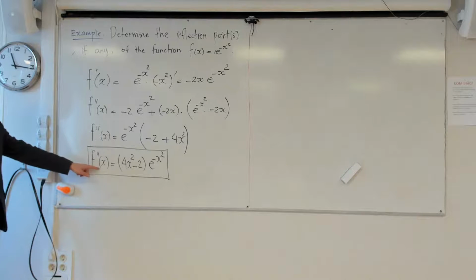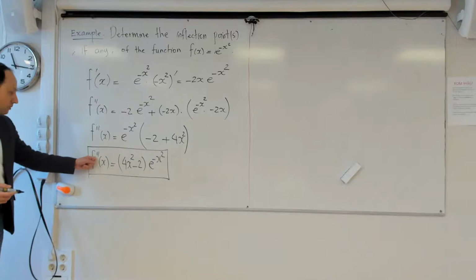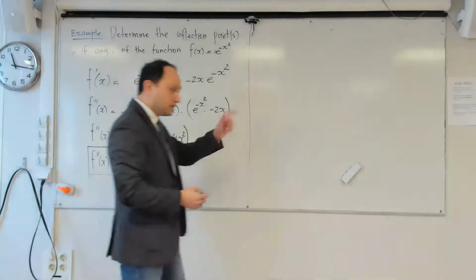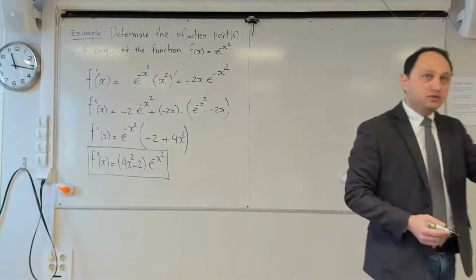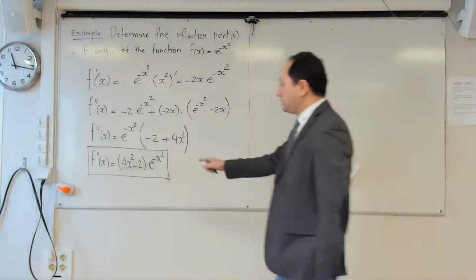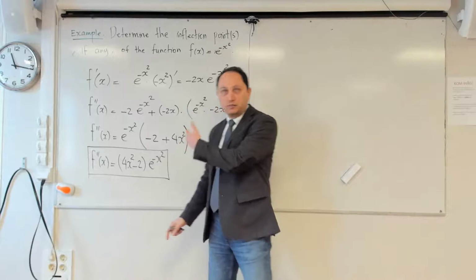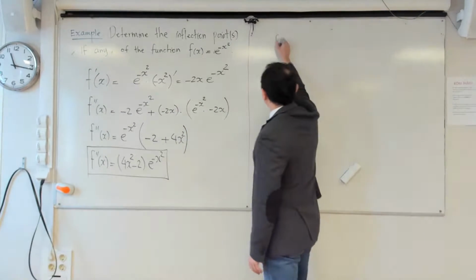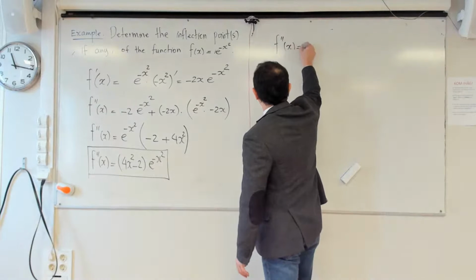Okay, and then do you remember, first I need to find the candidates. The candidates come from putting the second derivative equal to 0. Don't get confused. Once we used the second derivative for understanding the local extreme points, now I am using the notion of the second derivative to talk about the inflection points. So f double prime is equal to 0.